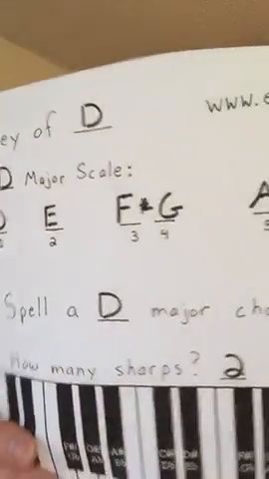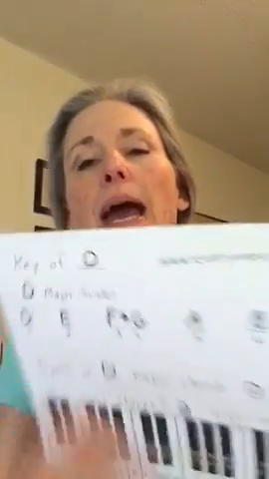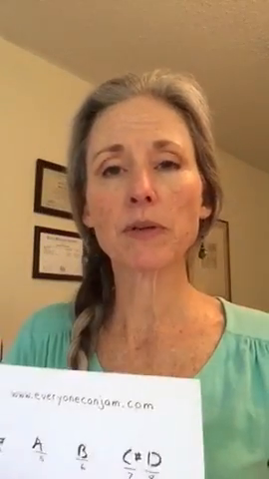In key of G, we had F sharp. In key of D, we still have F sharp. And the one we added is up here on the 7th note, C sharp. So guess what's going to happen? Whatever you have in this key, the one we go to next, you still have those.